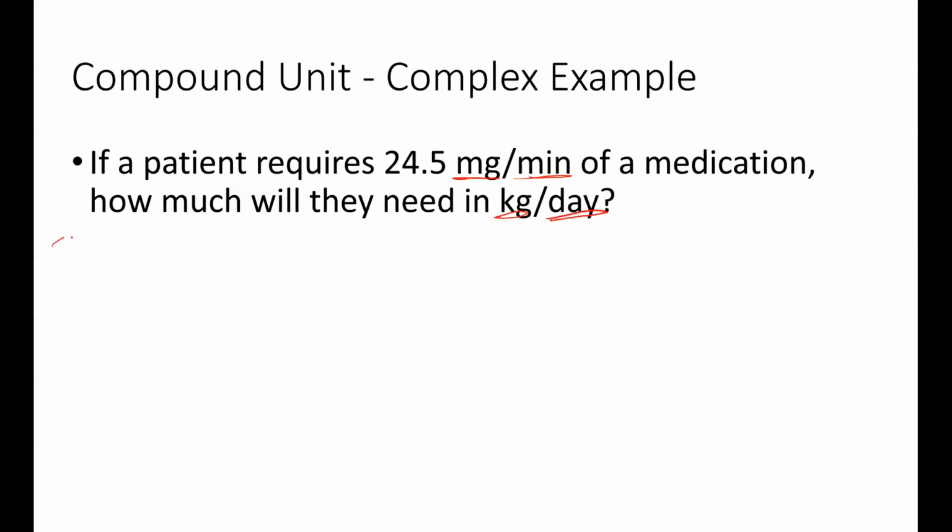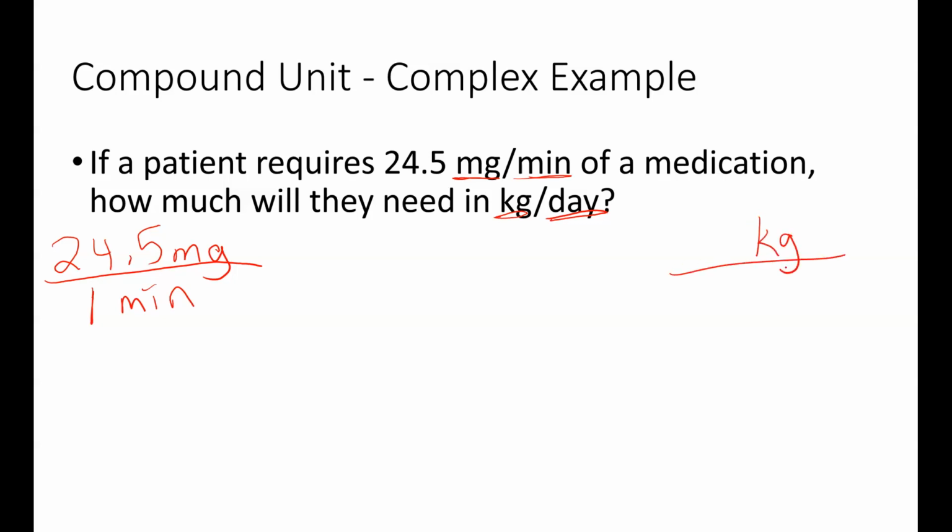So I'm going to write out my starting unit, 24.5 milligrams per 1 minute. My ending units are going to be kilograms per day. So I'll write both units as fractions so that I can identify how many units I need to work with and how I'm going to need to convert them.